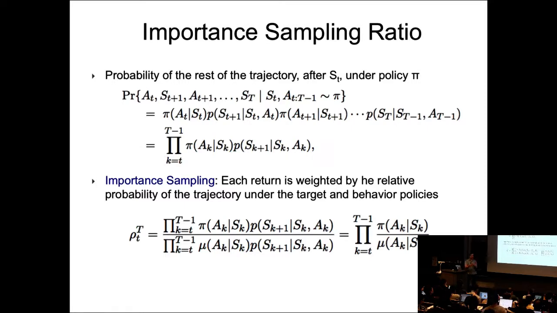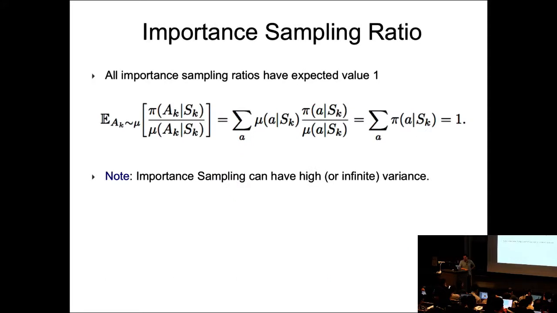That's how you're trying to do evaluation. And this is called the importance sampling ratio. All importance sampling ratios have an expected value of 1. That should be trivial, because if you take an expectation with respect to mu, things cancel out and you get 1. But importance sampling can have high or even infinite variance, so you have to be careful how you apply it in practice.